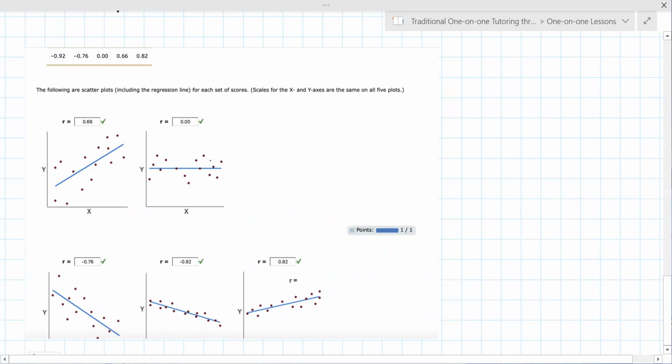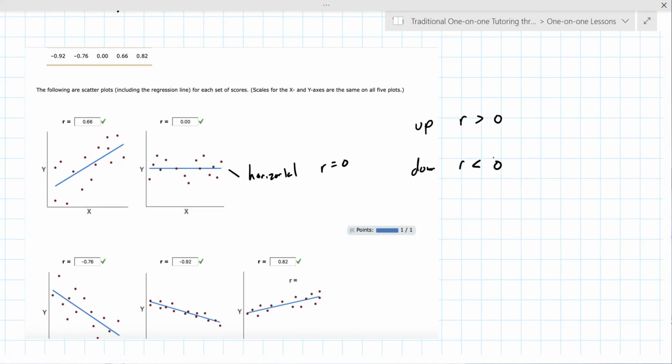Because the trend line here is horizontal, this is always going to be R equal to 0. As we talked about, if it goes up, that means that R is greater than 0, and if it goes down, R is less than 0. So that's your first indicator, whether it's positive or negative.